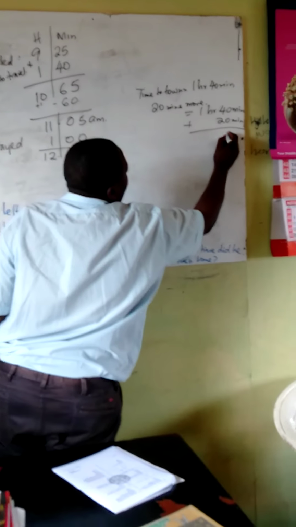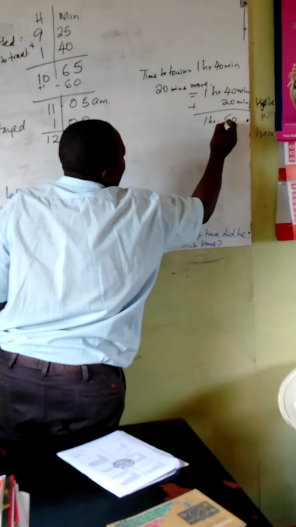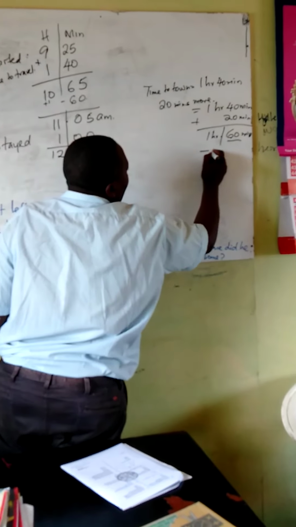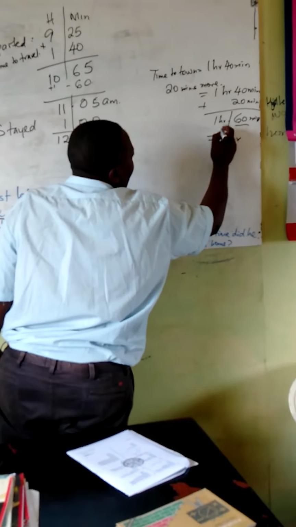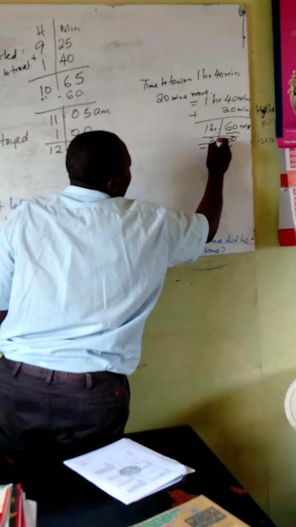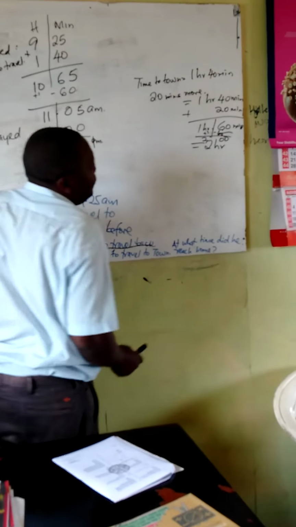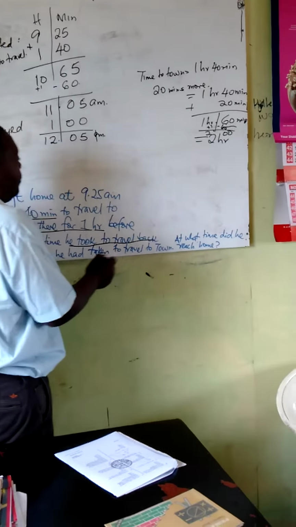This is going to give us 60 minutes, which is converted into an hour, and therefore he took 2 hours. 1 hour is added here, this one becomes 00, and this one becomes 2. We add 1, and here we subtract 60. So he took 2 hours to travel back home.